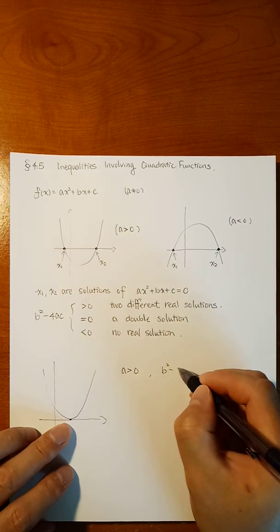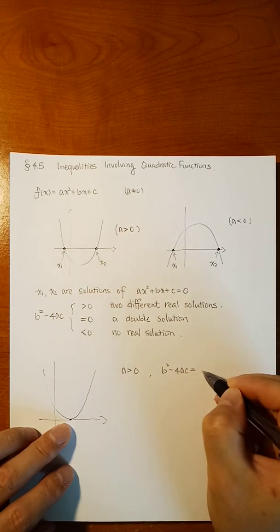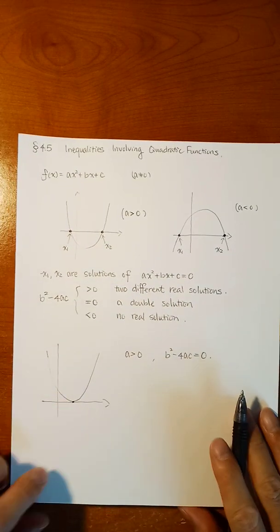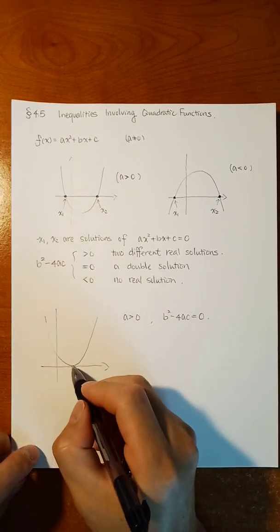We know b squared minus 4ac is equal to 0 because it has only one solution.